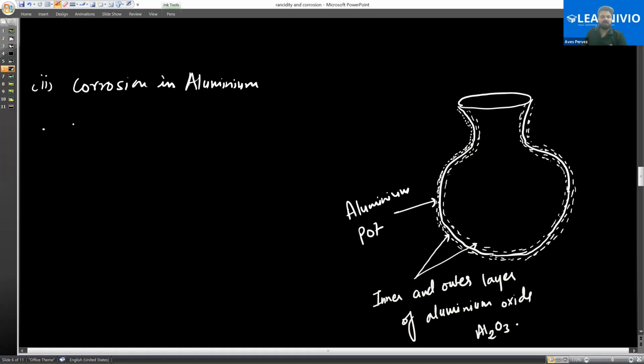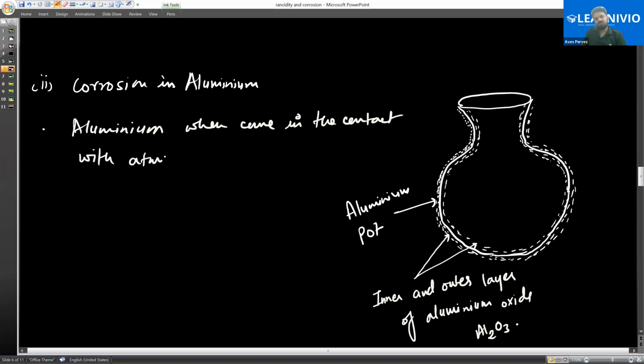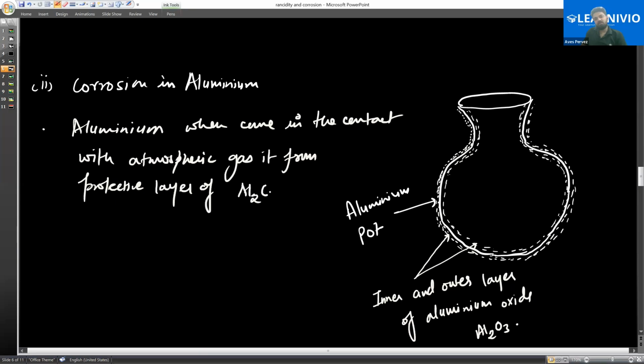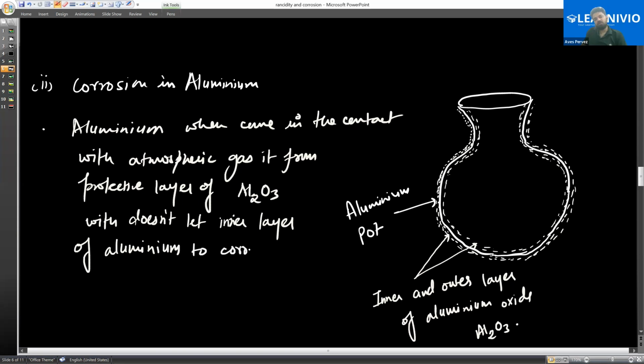So we'll write that aluminium, when it comes in contact with atmospheric gases, forms a protective layer of Al2O3, which does not let the inner layer of aluminium corrode further.